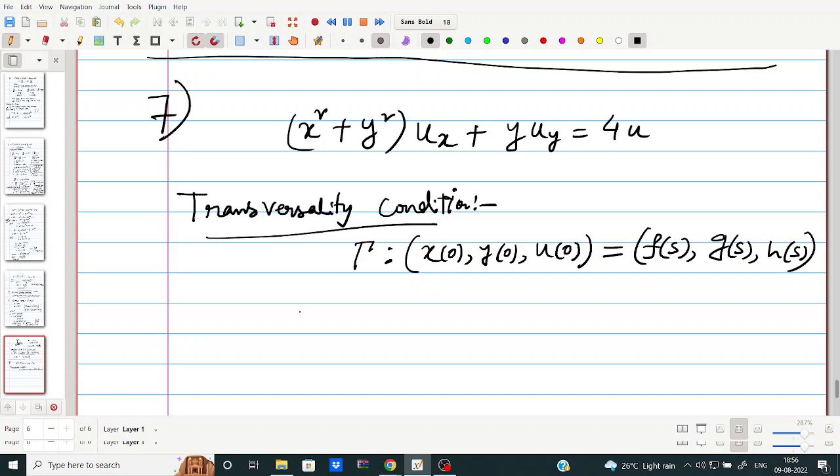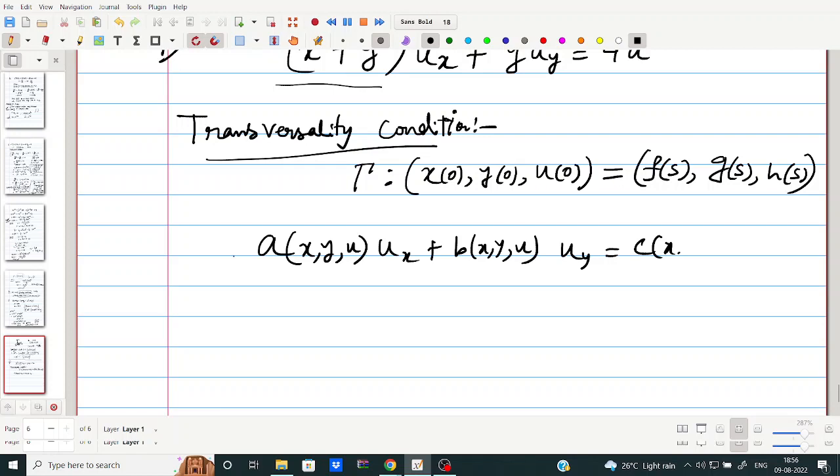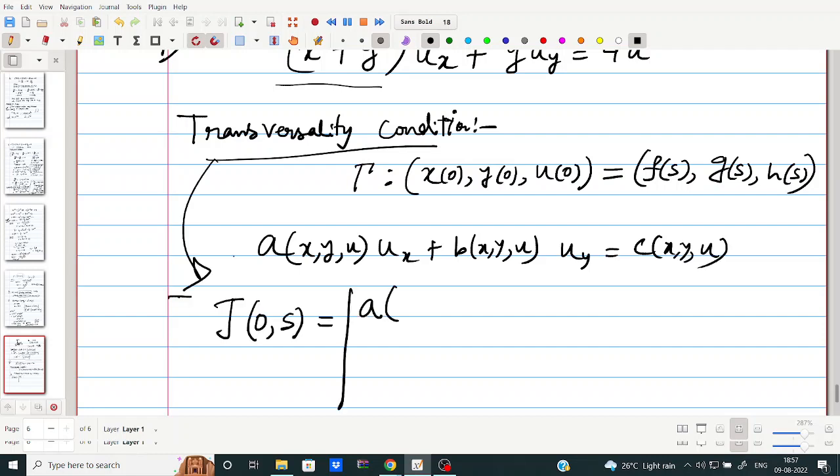The transversality condition: suppose the equation is like this, a(x,y,u) ux plus b(x,y,u) uy equals c(x,y,u). Then the transversality condition is that the Jacobian at (0,s) is given by the determinant of a and b evaluated at t equal to 0, so x0, y0, u0, meaning a(f(s),g(s),h(s)) and b(f(s),g(s),h(s)), and here I write f dash s and g dash s.